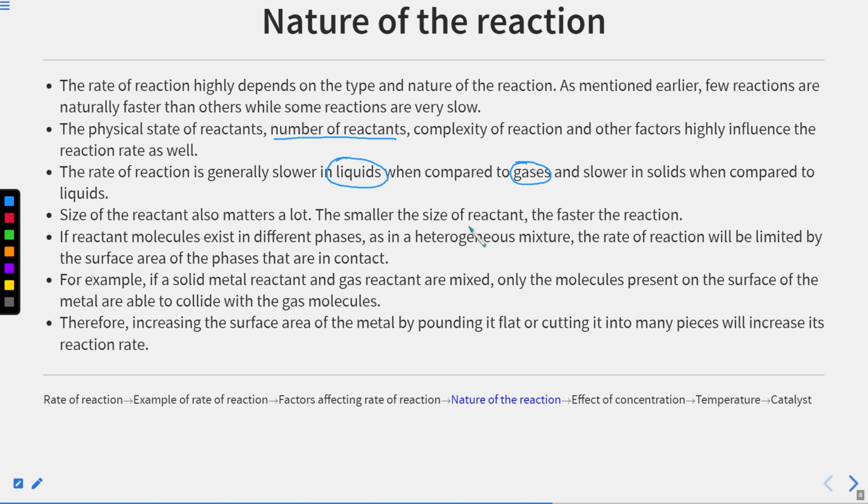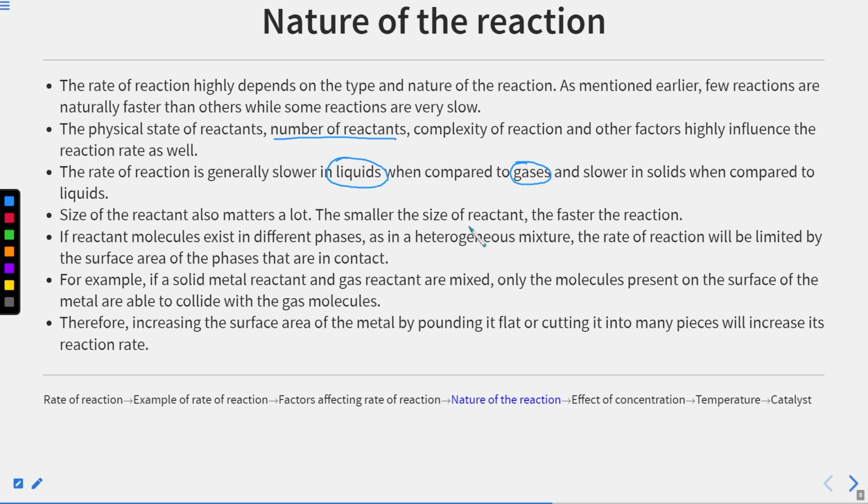Or you can take a different example also. Suppose gases are just moving very fast. You know very well that gas molecules have the maximum kinetic energy compared to liquids and solids generally. Now since they are moving fast, suppose we have to cover a distance x to collide. The gas molecules will take less time to collide than the liquid molecules.